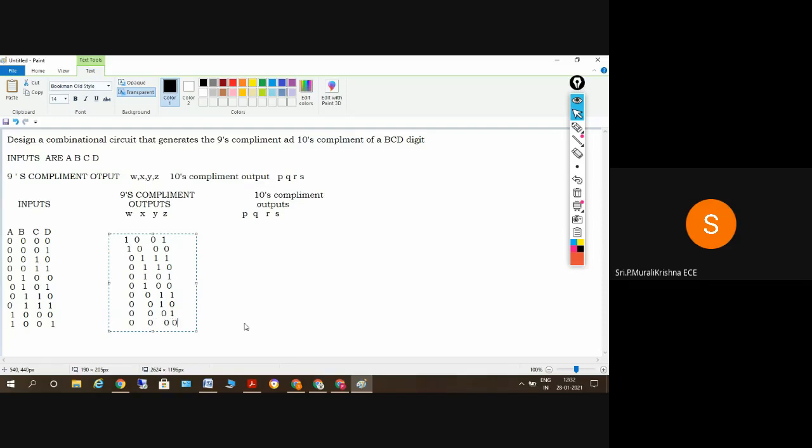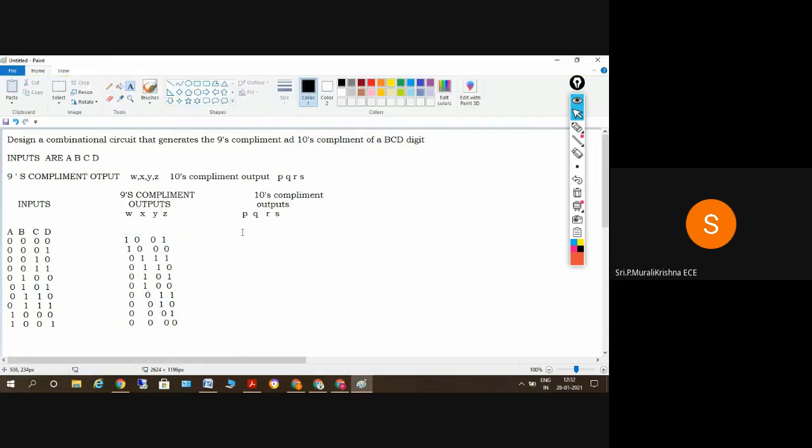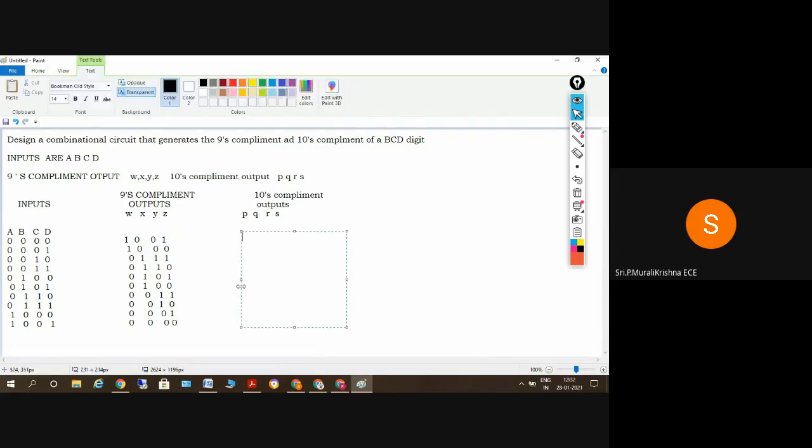Okay, and to find the 10's complement, just add 1 to the 9's complement and we'll get the 10's complement. So for the first one, 1 0 0 1 plus 1 gives 1 0 1 0. Next, 8 plus 1 is 9, so 1 0 0 1.